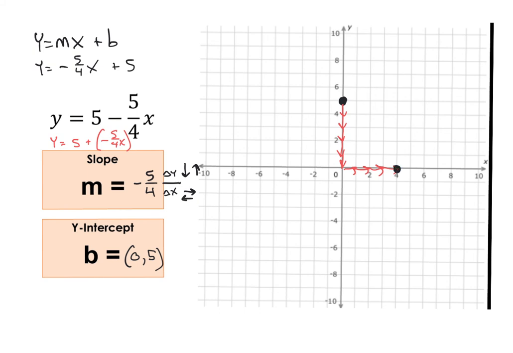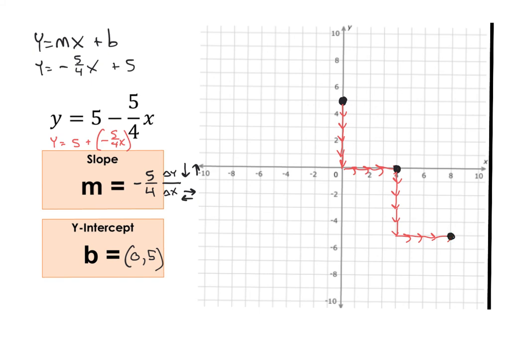There's my next dot. Let's make another one. So again, I'll go down 5 and to the right 4. So I'll go down 5, 1, 2, 3, 4, 5, and to the right 4, 1, 2, 3, 4, and plant another dot.